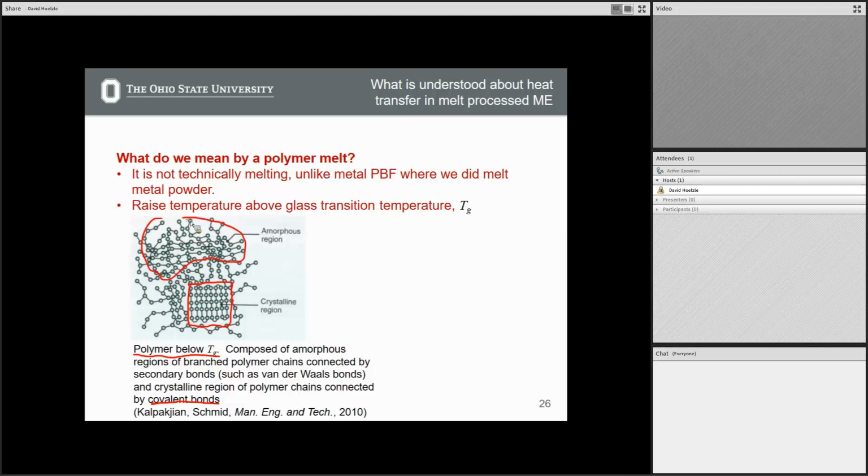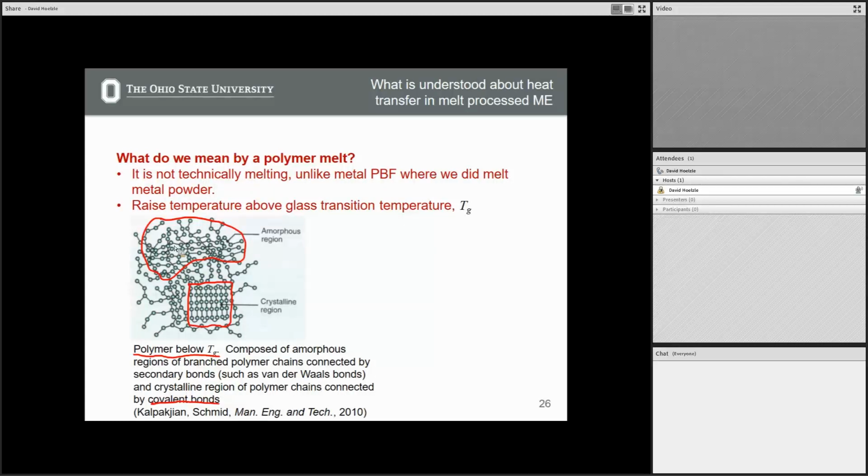So we talked about a polymer going from an area where it flows to not flowing. What we're really talking about is changes in this amorphous region, not actually breaking the crystalline region, which would be melting. So what we're doing is not melting the material, we're raising the temperature above this glass transition temperature.